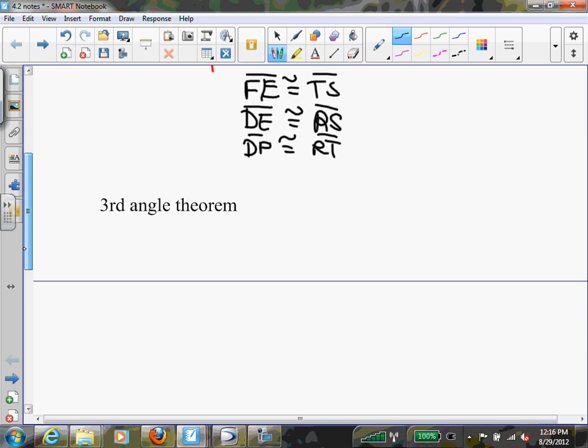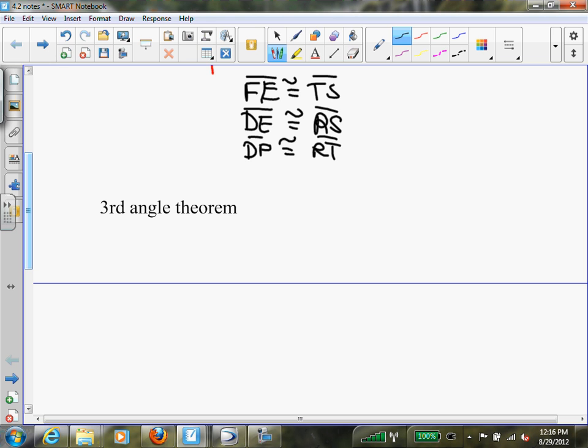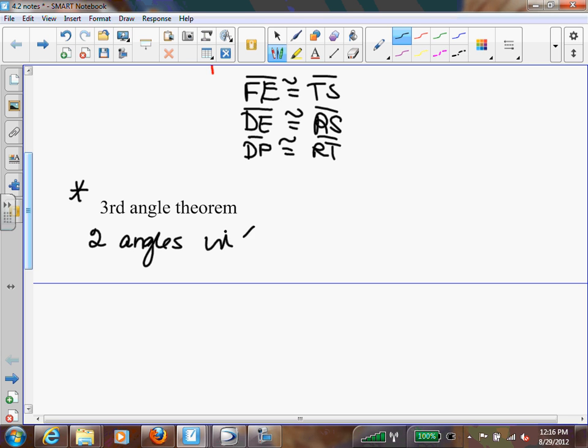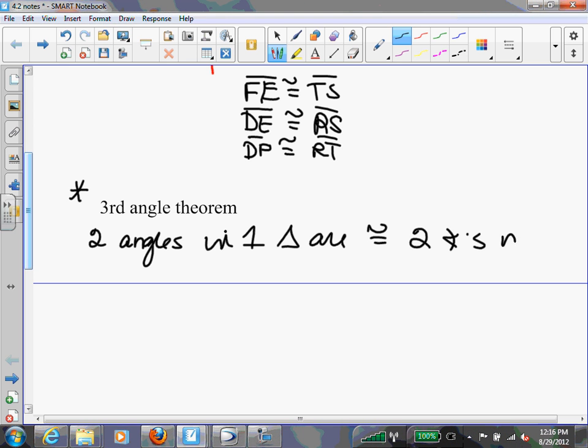All right, third angle theorem. This is a theorem. It says, and you're going to want to put this in your little notebook, if 2 angles in one triangle are congruent to 2 angles in a second triangle, then what's it going to say?